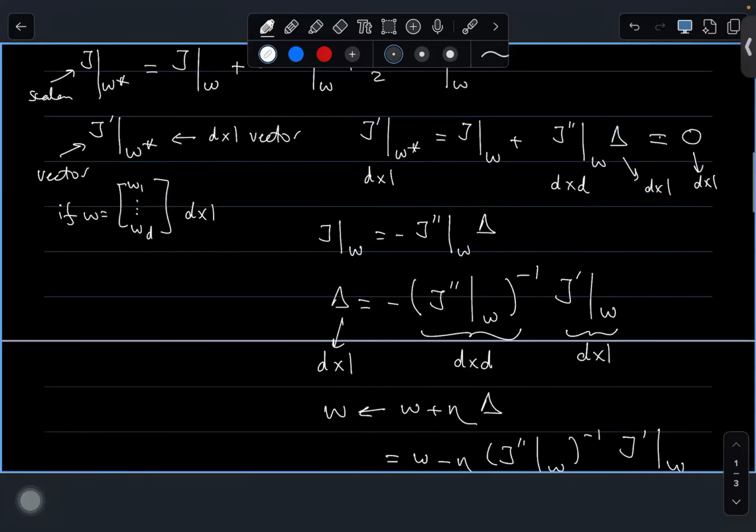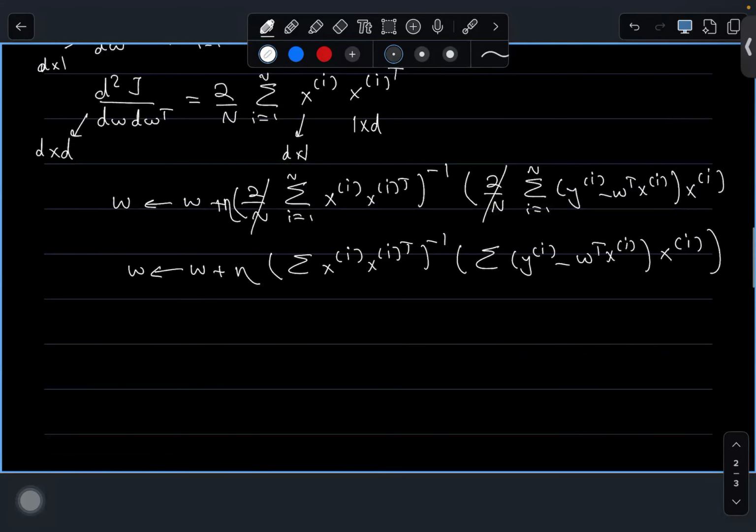This is called the Newton-Raphson method because we're using the first and the second derivatives. And in this case, eta is always going to be a number between 0 and 1. I'm moving some fraction of my distance toward minimizing it.